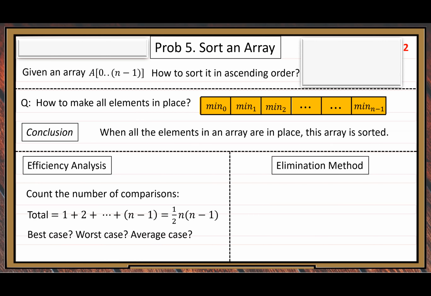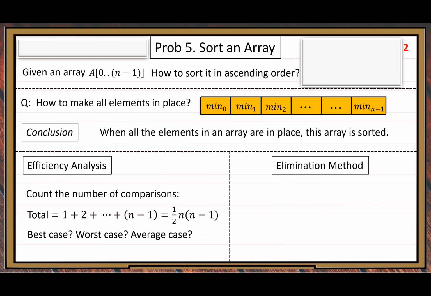And here, I'd like to do a small summary on the elimination method, because later you need to apply it on several challenging questions.